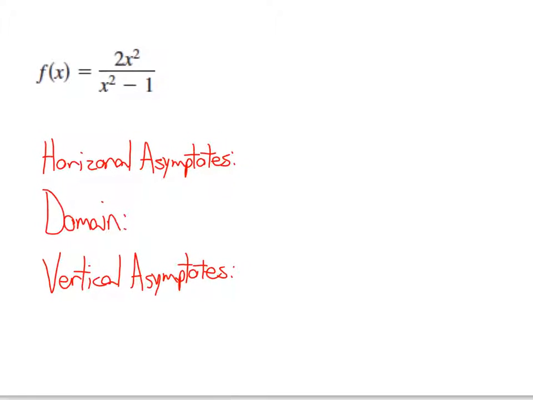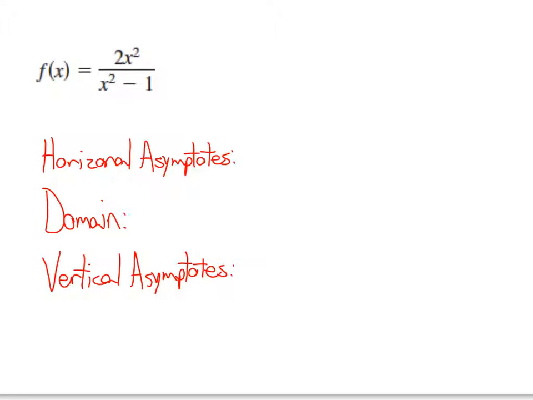Let's look at a different one here. We have f of x equals 2x squared over x squared plus 1. Or minus 1, I should say. Minus 1. So, let's look at our horizontal asymptotes. Notice these are the same. This is squared, this is squared, so our degrees are equal.